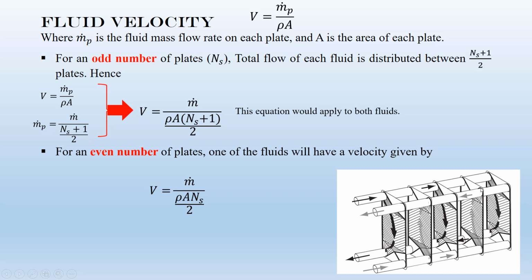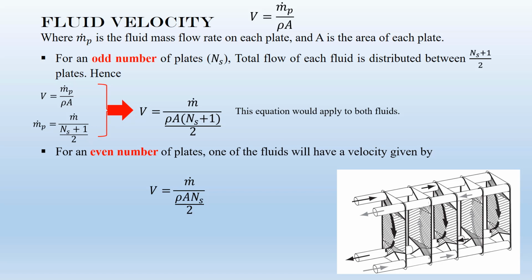So if we have an even number of plates, for one fluid it flows over NS over 2 plus 1 plates. For the other one, the cold fluid, if we have 4 plates, it flows over 1 and then 2 plates. So it flows over NS over 2 plates, or 2 plates, correct?